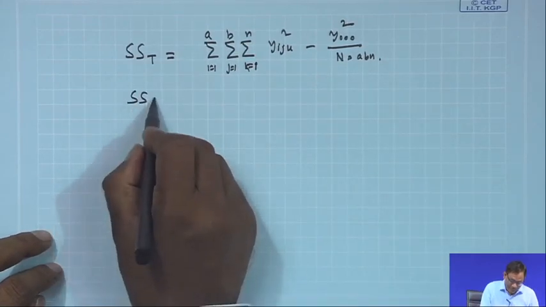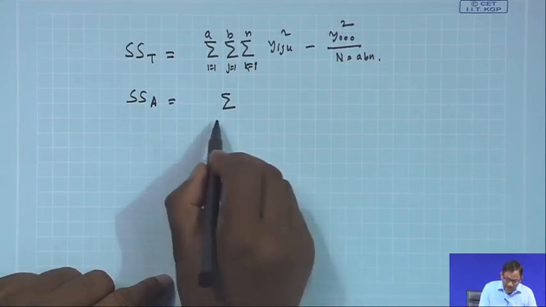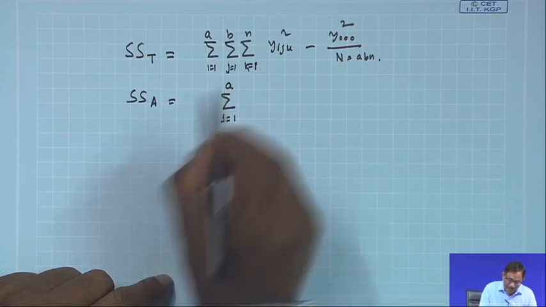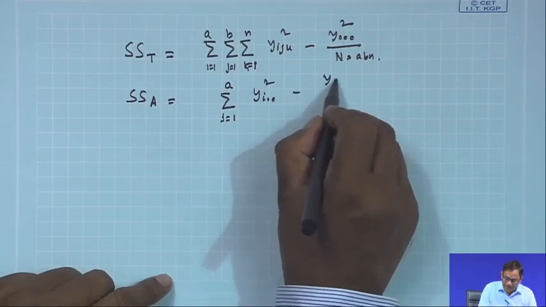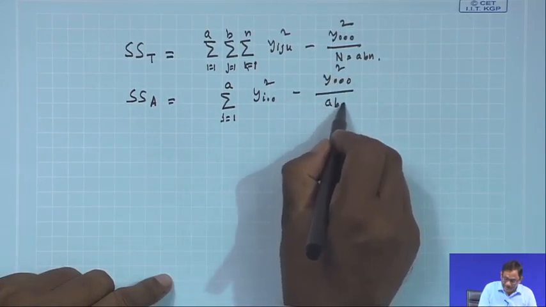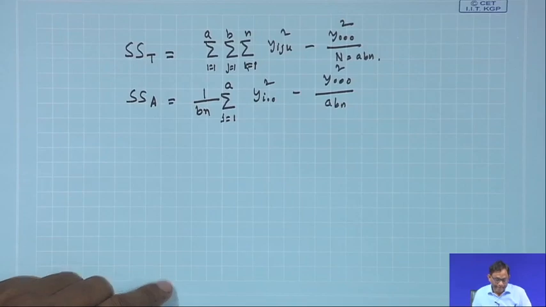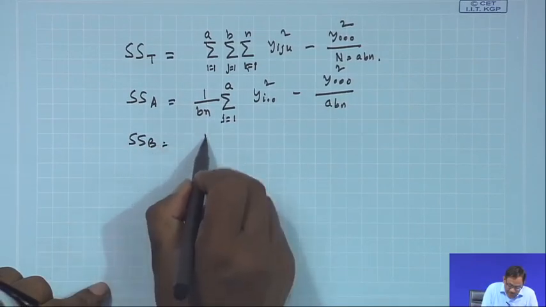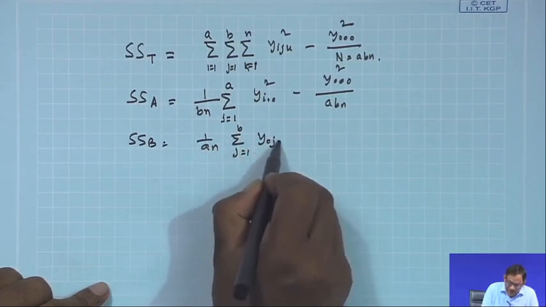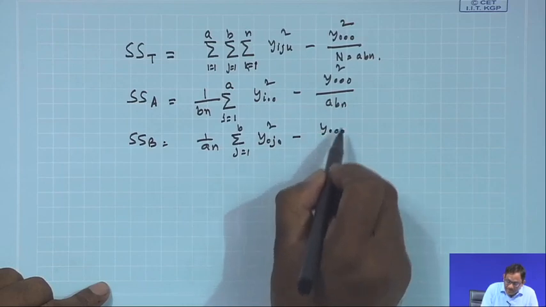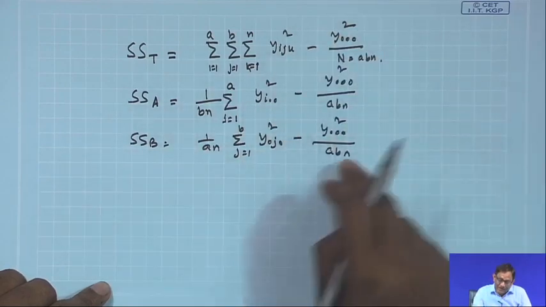Suppose you want SSA: you require the sum over i equal to 1 to a of y i dot dot squared, divided by bn, minus y dot dot dot squared by abn. Similarly, SSB is 1 by an, sum over j equal to 1 to b of y dot j dot squared, minus y dot dot dot squared by abn. Everywhere the grand total squared by abn is subtracted.